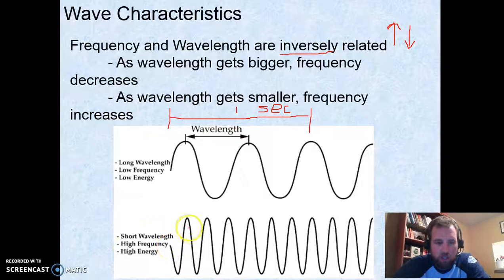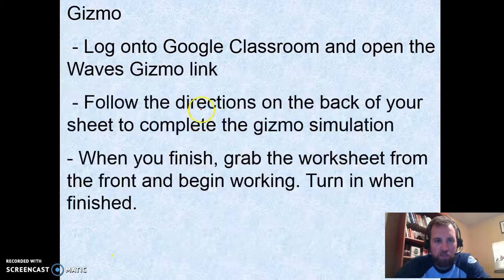From here to here, our wavelength has gotten much shorter, but look at our frequency. Now instead of 2 waves per second, we have about 1, 2, 3, 4, 5, 6, 7 waves per second. So as the wavelength shrinks, frequency goes up. Vice versa, as wavelength gets bigger, frequency goes down.